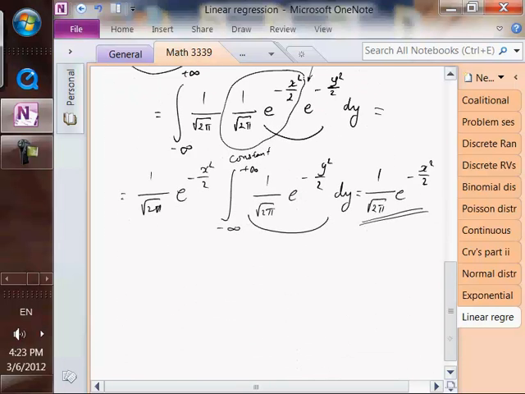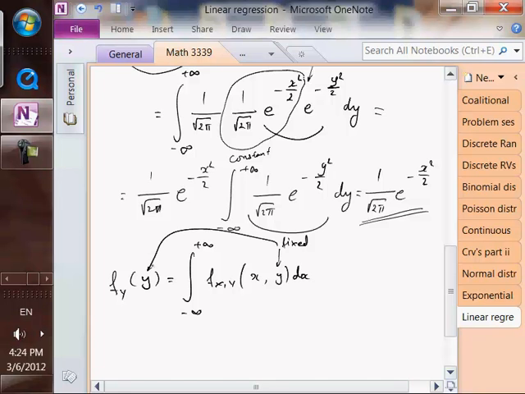Likewise, I can calculate the marginal of y. Now, this time, I fix y inside the integration and let x vary. So this is fixed, and it's the same as this one outside. So this is the marginal of y.